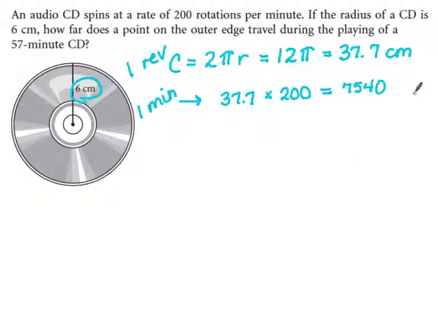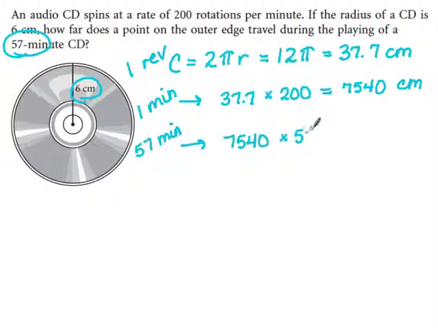Okay, so that is how far it travels in 1 minute. Well, I want to know 57 minutes. So what am I going to take with that then? Right. I'm going to take my 7,540 times 57, which is what? 425,000.